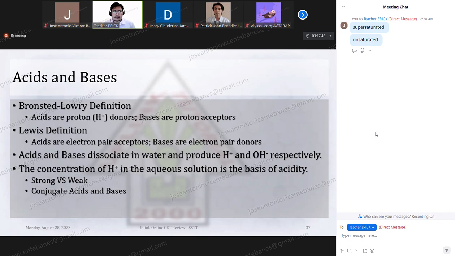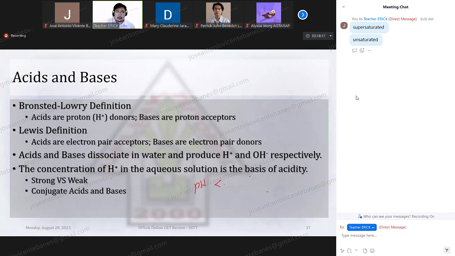And can we see this one in a single equation? Sometimes, yes, pero not all the time. And Arrhenius acid, not included in this one, these are the Arrhenius acid. Acids and bases dissociate in water and produce your H plus or protons and hydroxides respectively. But in the Arrhenius definition, this is what they use for that one, the third one. And the concentration of your protons in the aqueous solution is the basis of acidity. So which means the higher the protons, therefore dictates yung acidity.